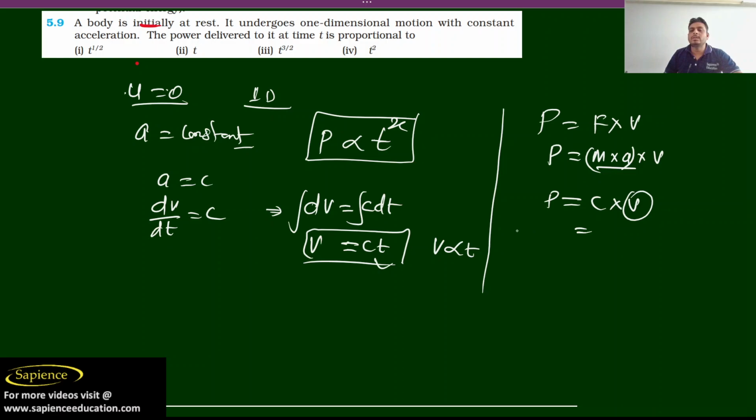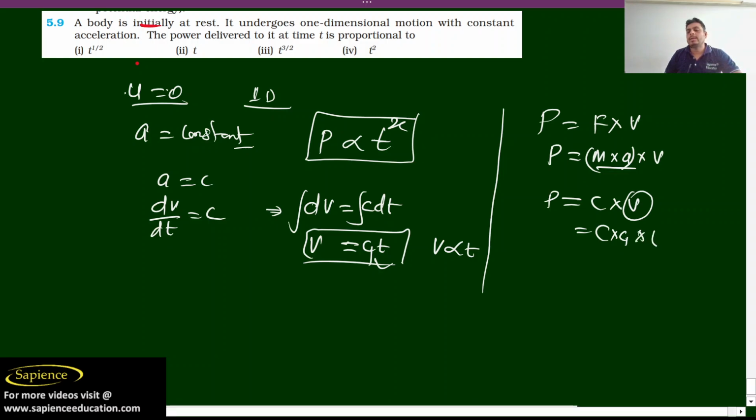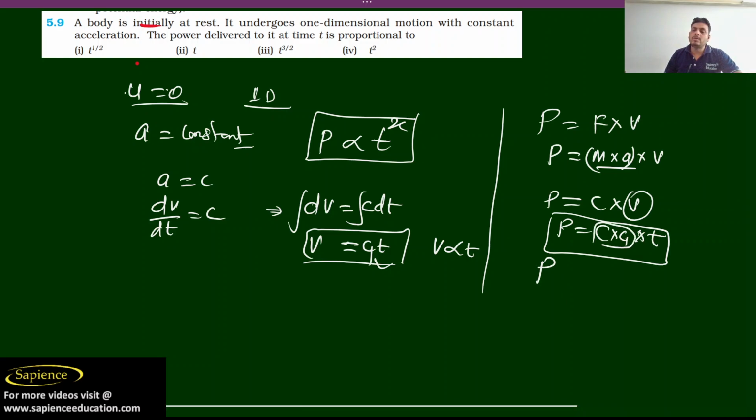Suppose c is c1. So can we write c into c1 into time t, and this is equal to power. It means that if I remove all the constants, power is proportional to time t. So our answer is power is proportional to t.